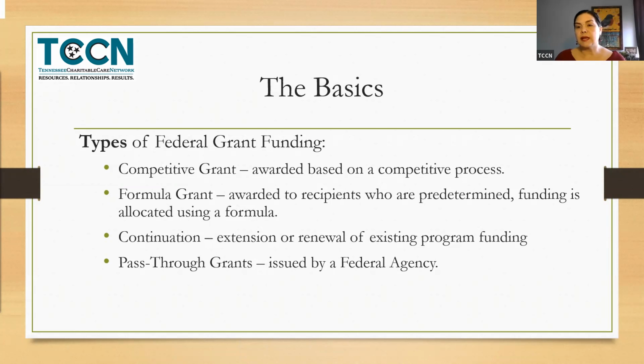For those that have to deal with audits, when we go through the audit process, we need to identify which of our grants come straight from the federal government and which ones come from pass-through agencies. And then we need to identify which agency this is from. These are just some terms.